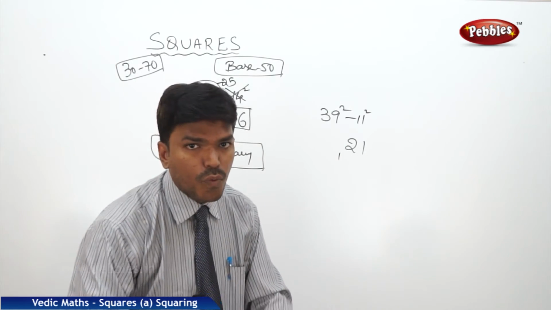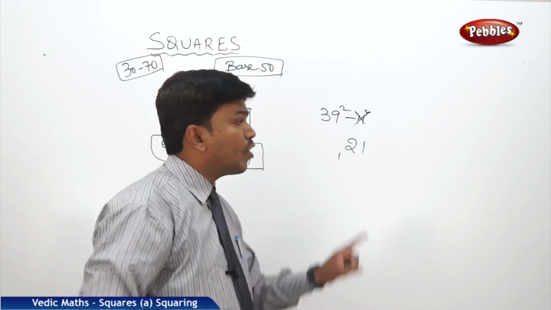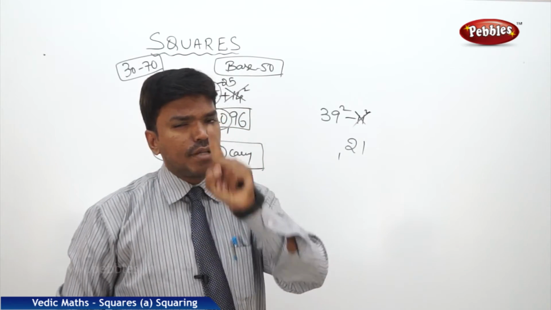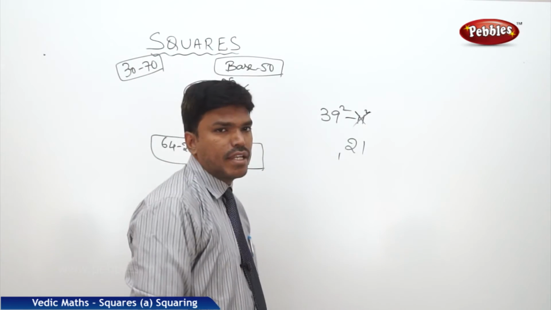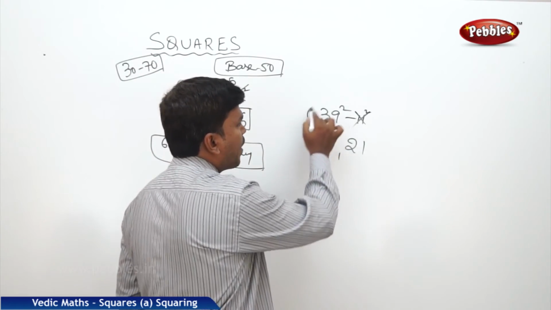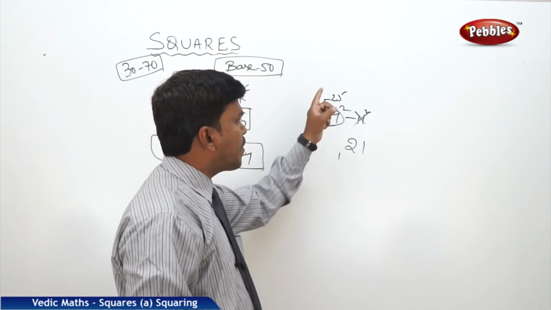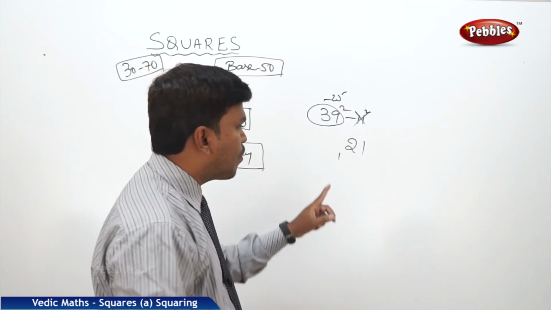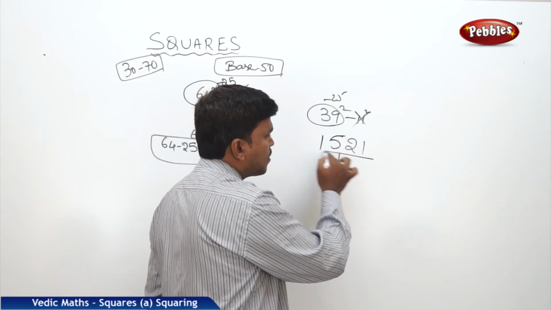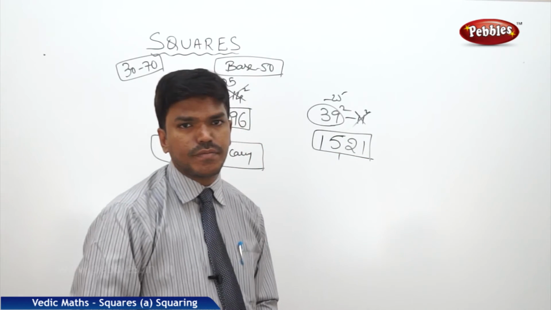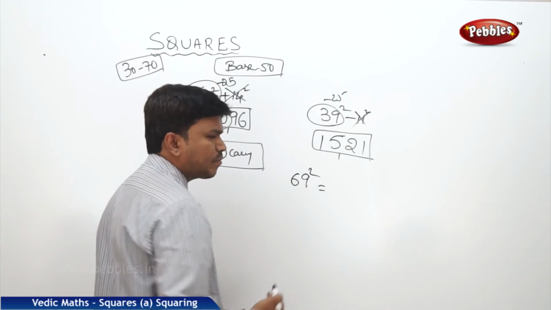But now ignore this excess number, and to get the left side part of the answer, subtract 25 from the main number every time. 39 minus 25 is 14. 14 plus 1 carry. You should not forget the carry. So the answer is 1521.